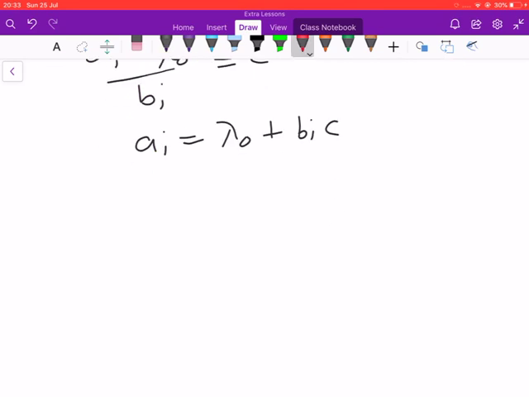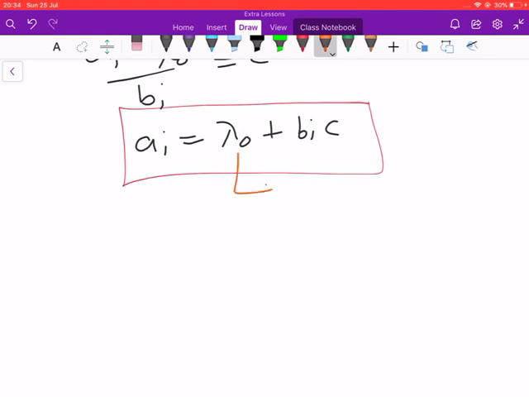So now we know that the intercept for our asset I is going to be equal to lambda 0, where lambda 0, by the way, we are expecting to be a risk-free return. If not, there will be an arbitrage opportunity, right?